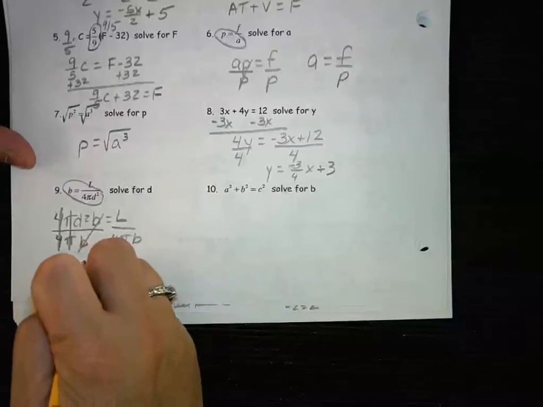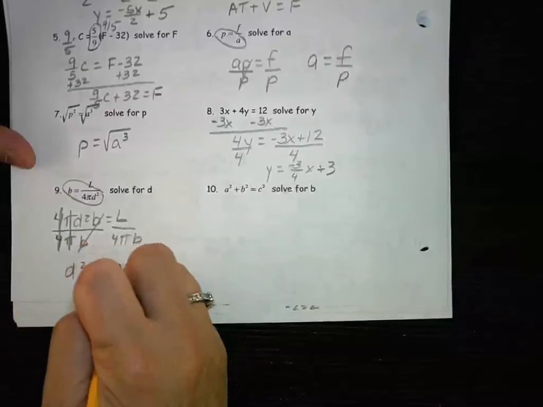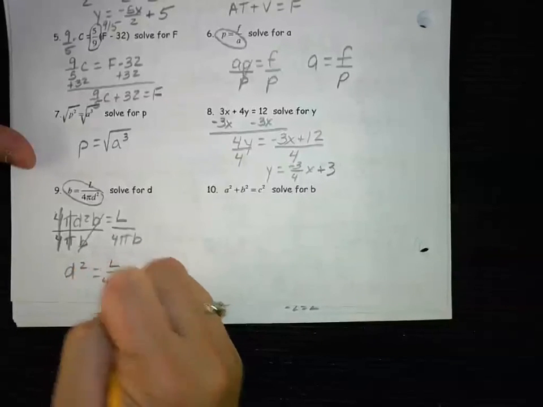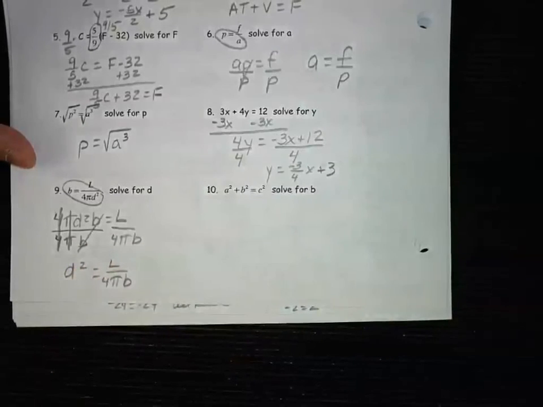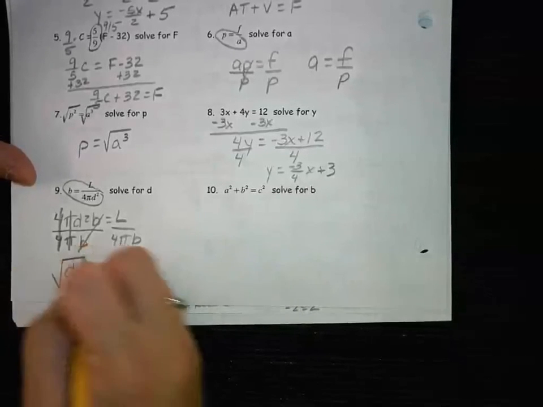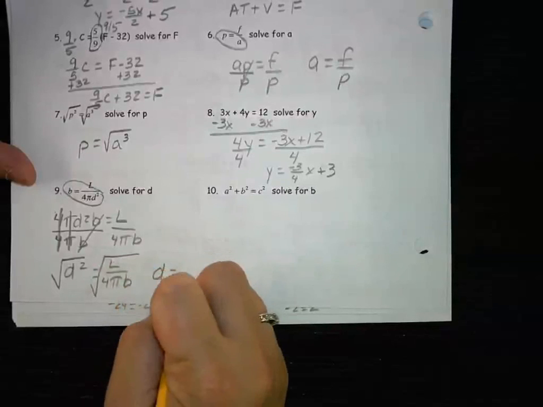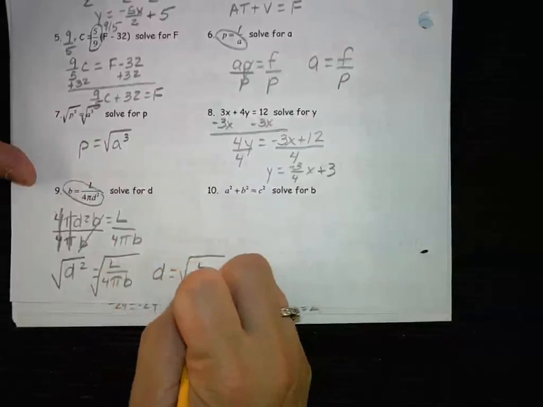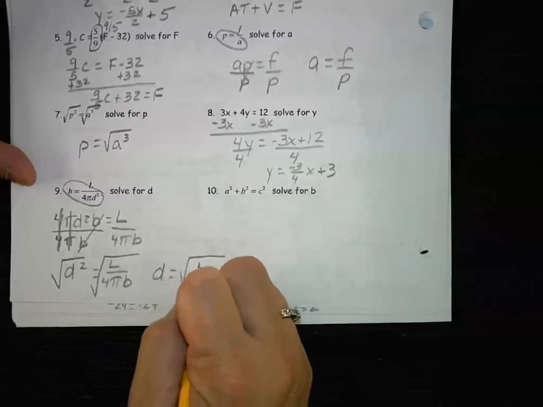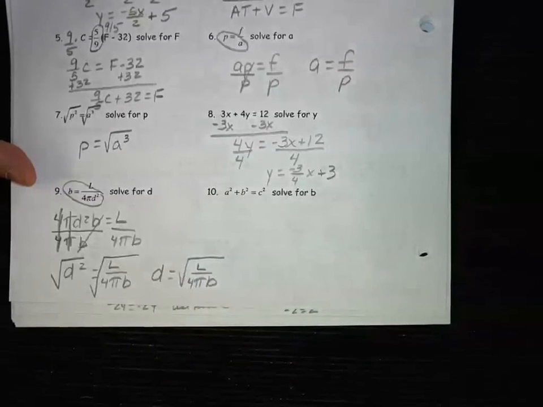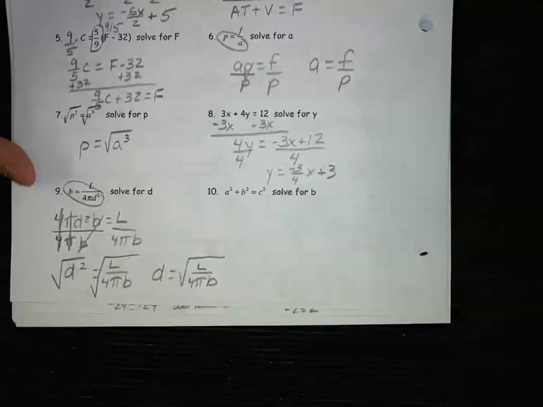And we will have d squared equals L over 4 pi b. And then to undo d squared, you square root both sides, and you have d equals the square root of L over 4 pi b.